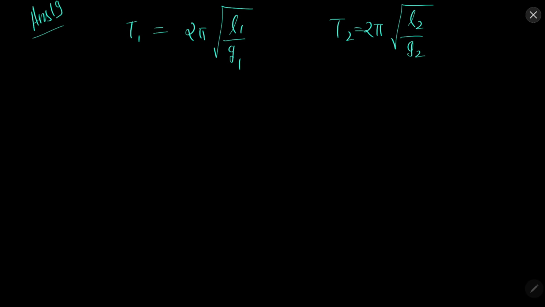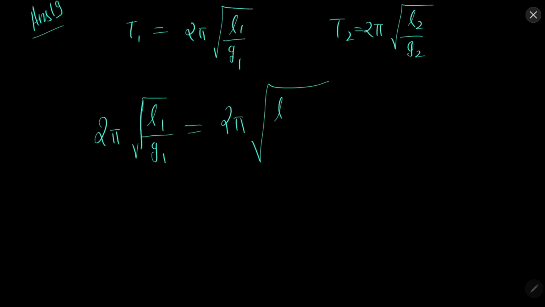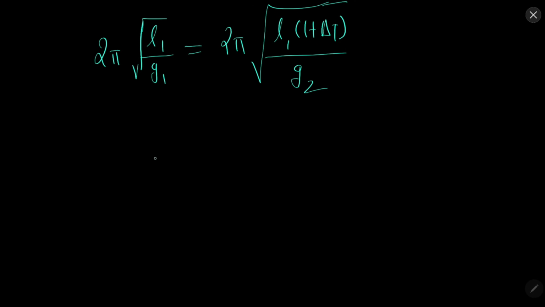So we will have 2 pi root L1 over G1, which will be equal to, the change in the length will be equal to 1 plus alpha del T over G2. This will be the case that we will have.